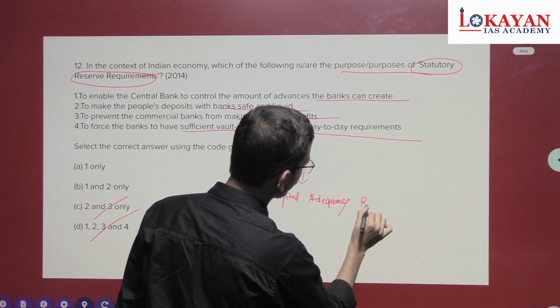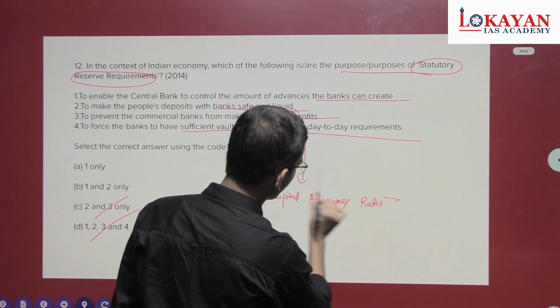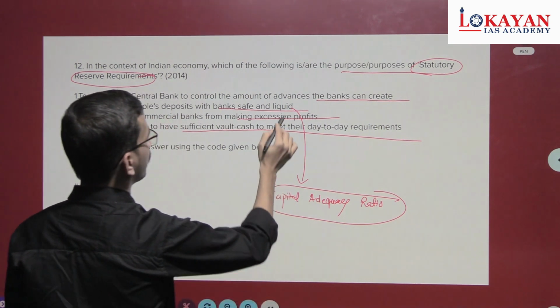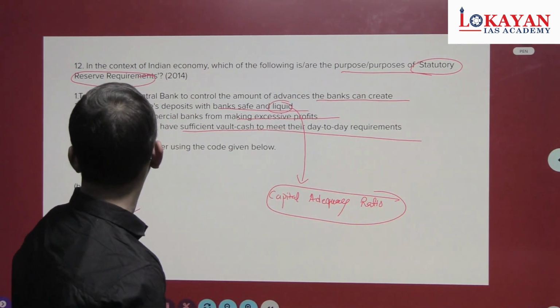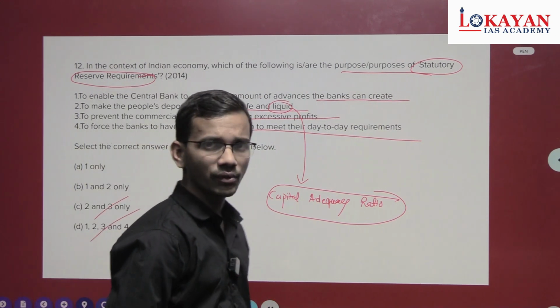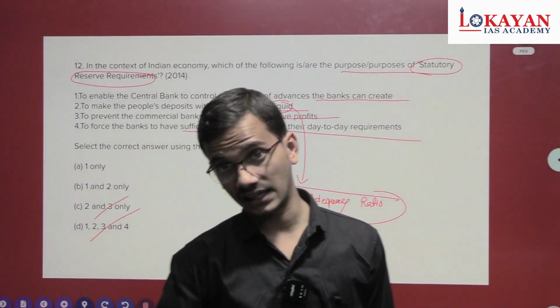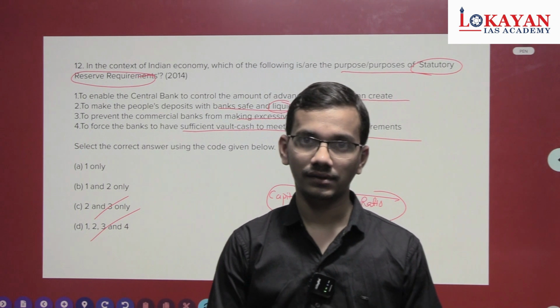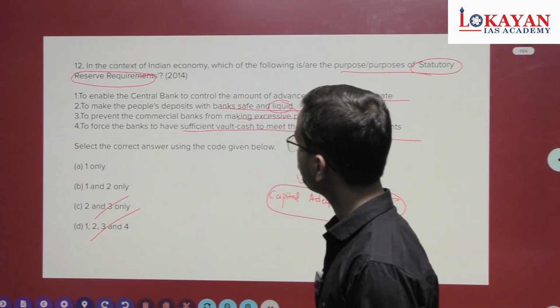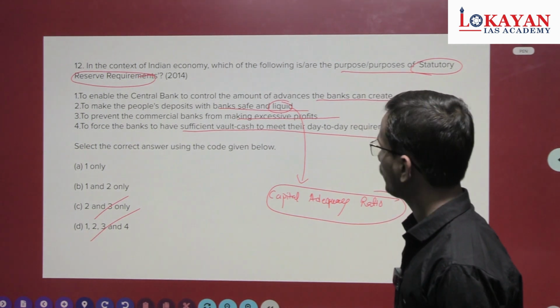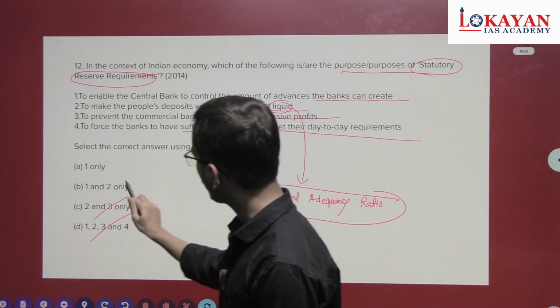And liquid, statutory reserve requirements comprise of CRR and also SLR. SLR has gold and G-secs also, government securities. So second is also incorrect.